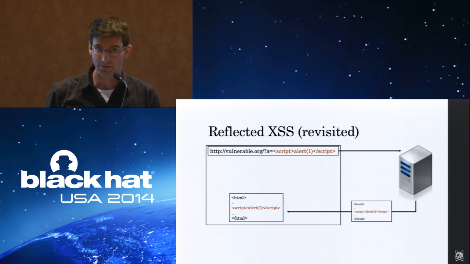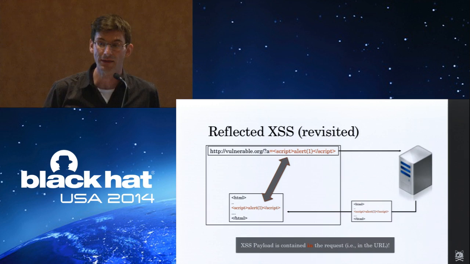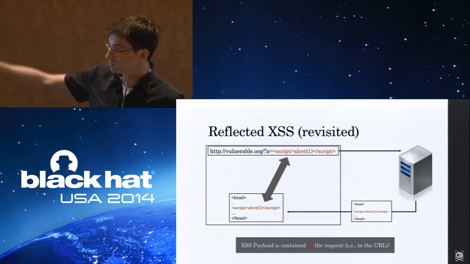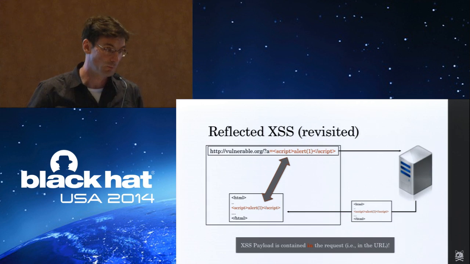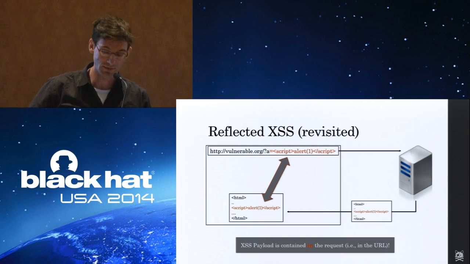The attack vector and the executed code that is the cross-site scripting vulnerability are present in both the response and the request. So in the URL you can see the script alert 1, and the same script alert 1 appears in the corresponding HTML of the corresponding HTTP response.